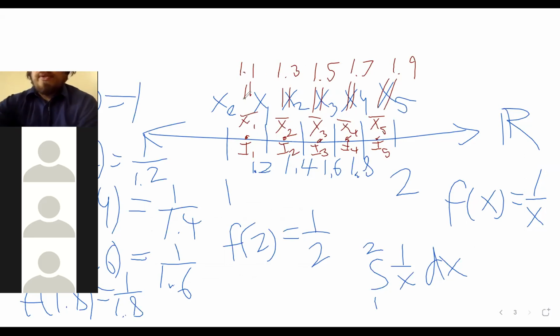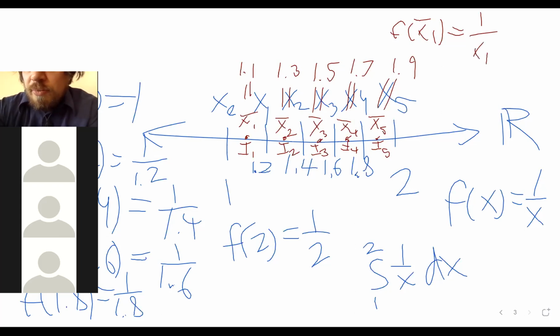And so if we wanted to do f of x1 bar, for instance, f of x1 bar would equal 1 over x1 bar, where x1 bar is 1.1. So that would be 1 over 1.1.